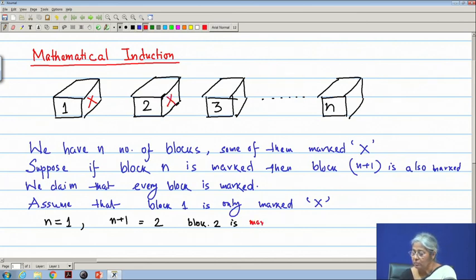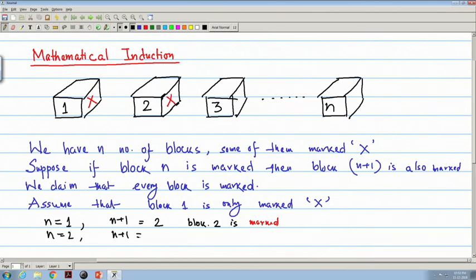Now, if n equal to 2 is marked, so n plus 1 equal to 3, so block 3 is also marked.